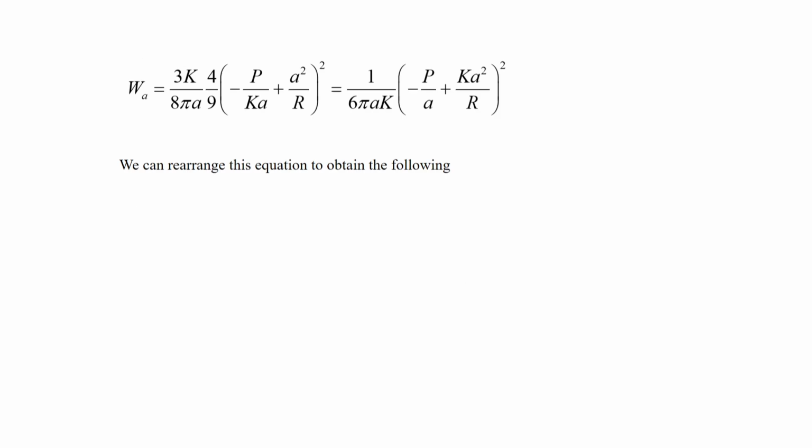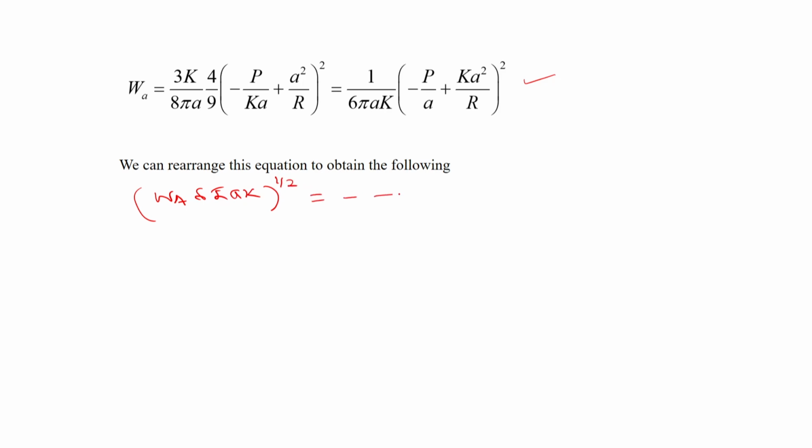If we can rearrange that, the K we take it outside. So, rearranging means K we take it outside, we get this, and we can further rearrange it. Let me do it, further rearrange. So, let us say this will be W A into 6 pi A K, it is square root of 2.